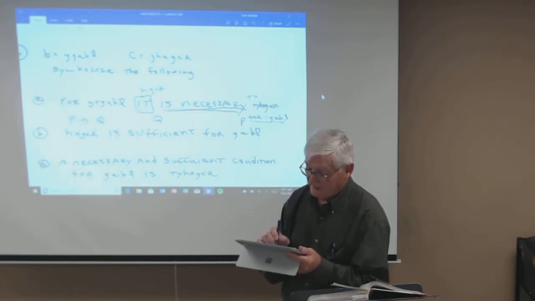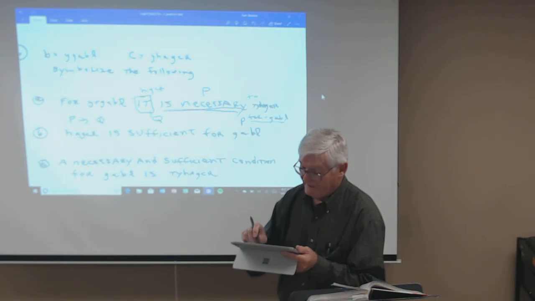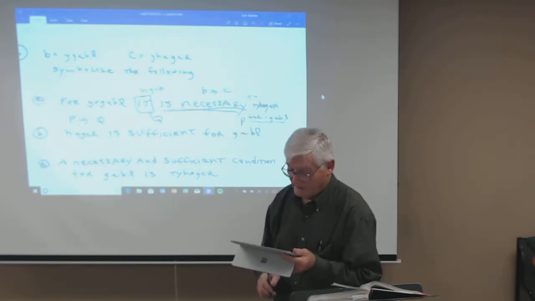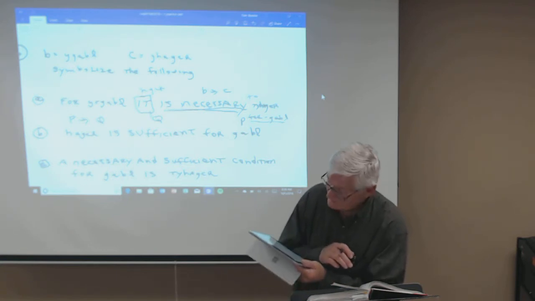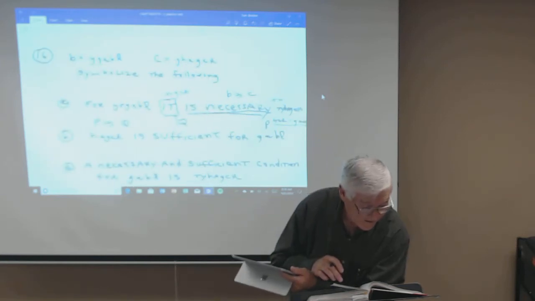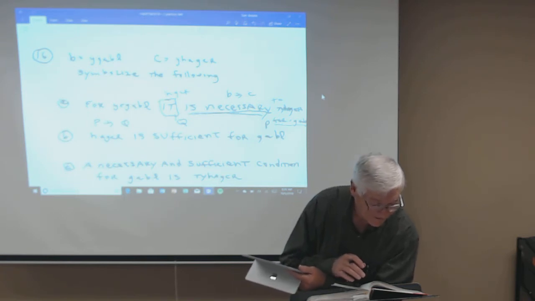Q is having good credit. So this would be if B, sorry about that, if B, then C. That's the way you translate is necessary. Check that. Which one is that? 16A. You get it right? Check it over there in the answer key to see. 16B.